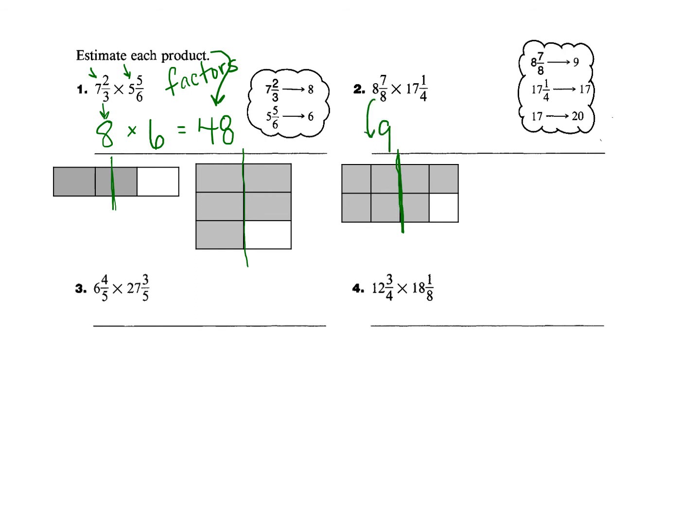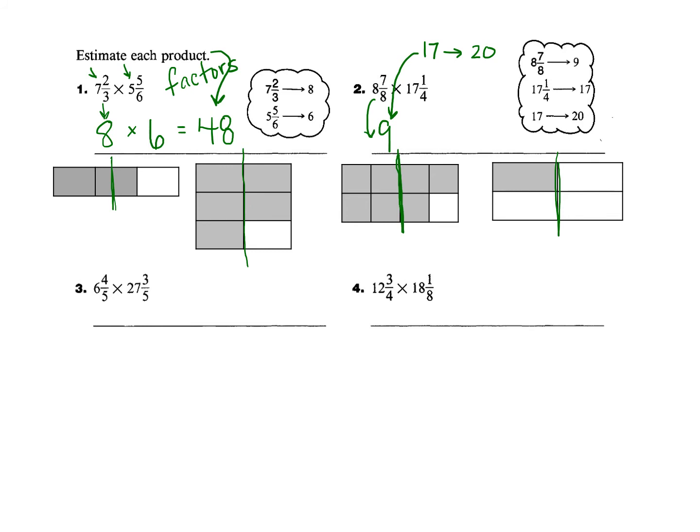And 17 1/4, 1/4 is less than half, so it would round to 17. Now 17 really isn't a compatible number, and because I'm estimating, I could probably round it to 20, because that would be better mental math.